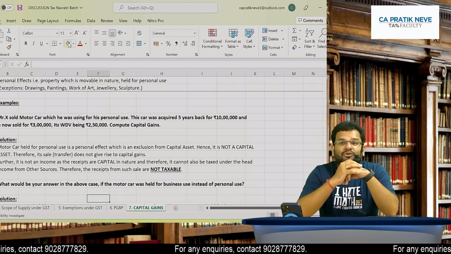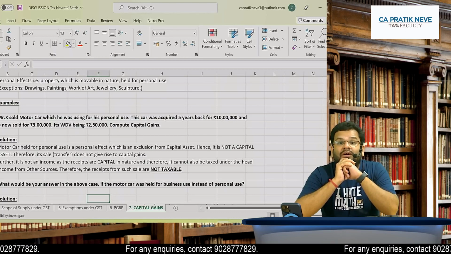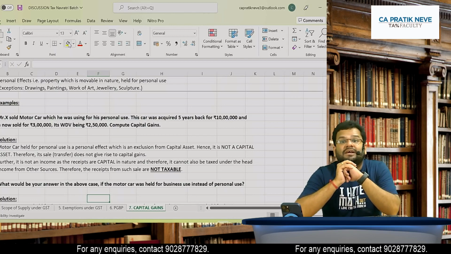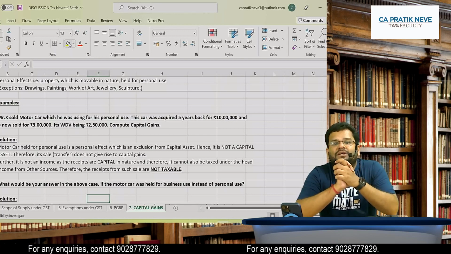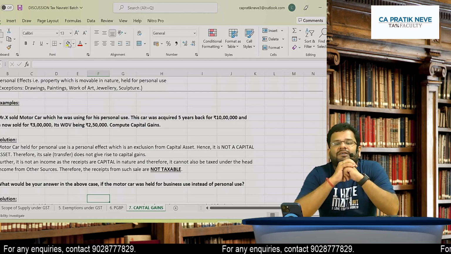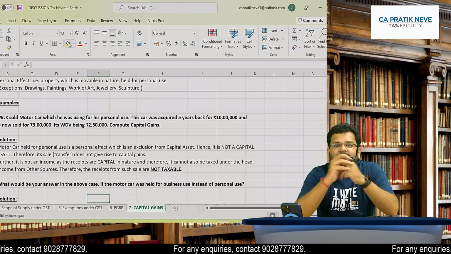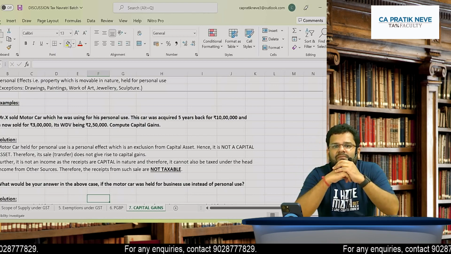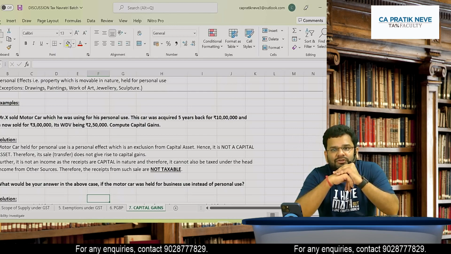How are you going to calculate capital gains? Full value of consideration means sale price in simple language, less expenditure on transfer. Expenditure on transfer means what? Any legal expenses which you have incurred to sell the asset, any type of brokerage.